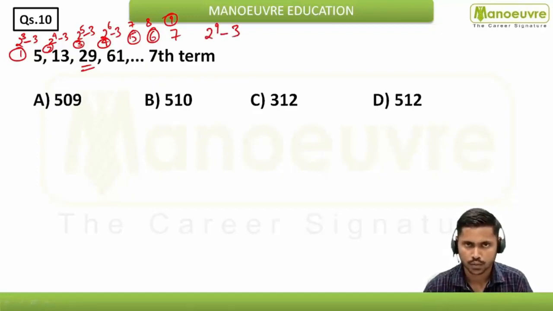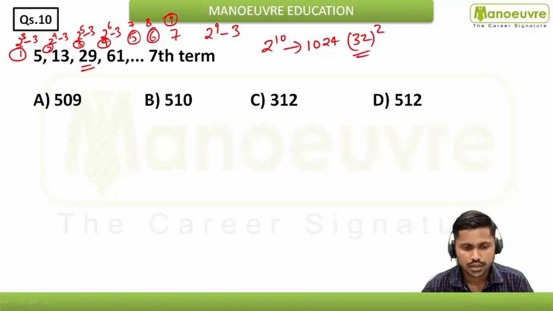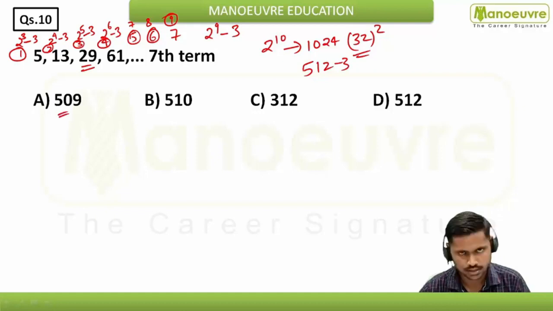You know the value of 2 to the power 10 is 1024, which is also the square of 32. Here we have to go to 9, so 2 to the power 9 will be 512, half of this, because you divide by 2. And minus 3, you will get 509 as your answer, right?